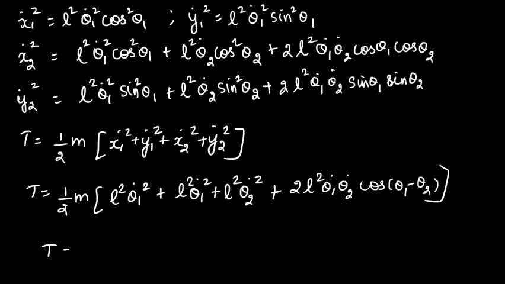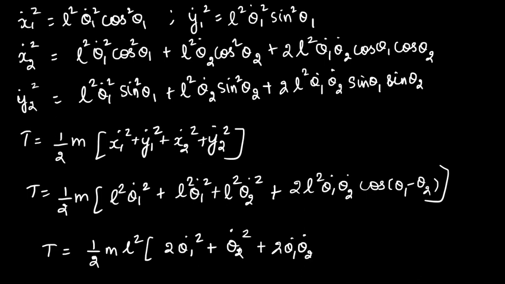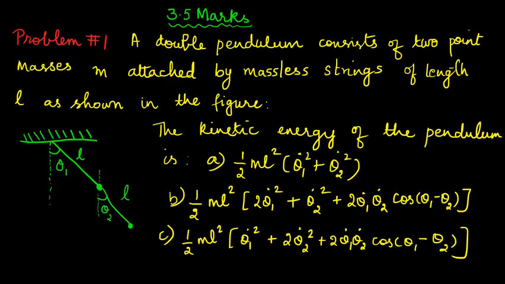So our T will be written as half m L square times 2 theta 1 dot square plus theta 2 dot square plus 2 theta 1 dot theta 2 dot cos of theta 1 minus theta 2. So which is option B.